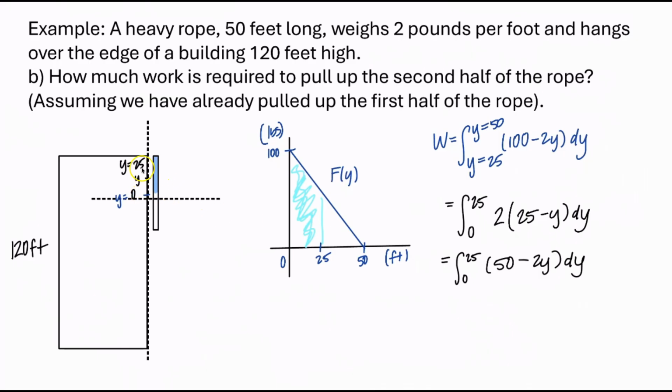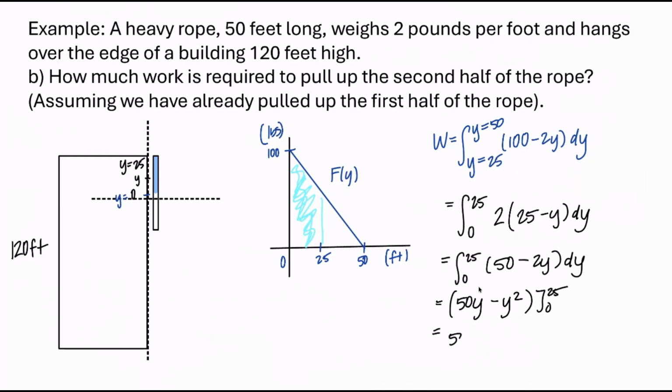If we've already pulled up half the rope, then we can just think about moving our horizontal axis up to make our lives easier for integrating and evaluating. So we can now say this is 50y minus y squared evaluated from 0 to 25.